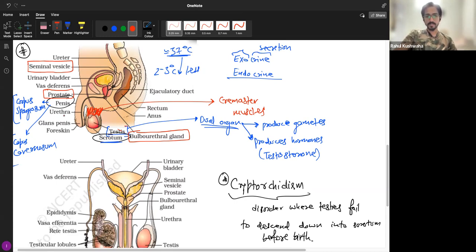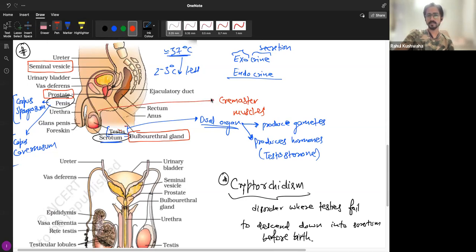So from the penis, you see this is the urethra that goes up. And at this point, can you see a Y fork here like this? Can you see a Y? A diversion, right? Should I zoom in? Is it visible to you, the Y diversion? Yes, it's visible. One is going into the urinary bladder, right? So the duct which is coming from the urinary bladder and the duct which is coming from the testes. So let's follow this duct from the testes. Oh, sorry.